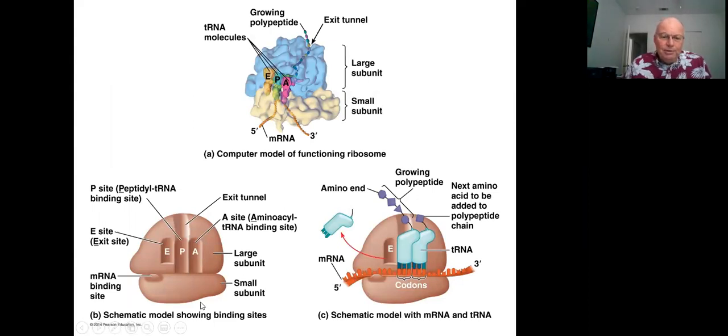The small subunit acts as a regulator and helps identify where the start codon is and therefore guides the large subunit to clamp around the messenger RNA in the appropriate position with respect to the start codon. That then establishes the reading frame.